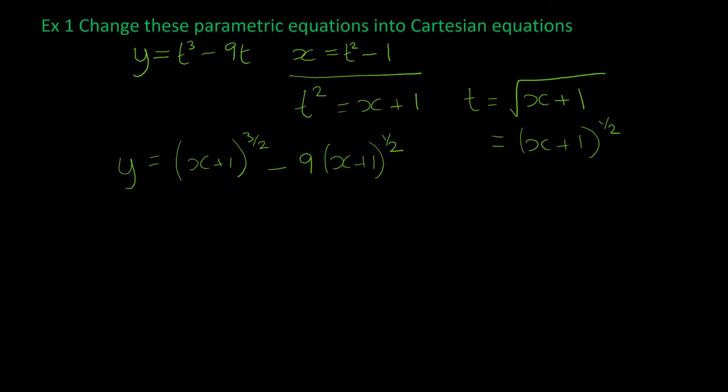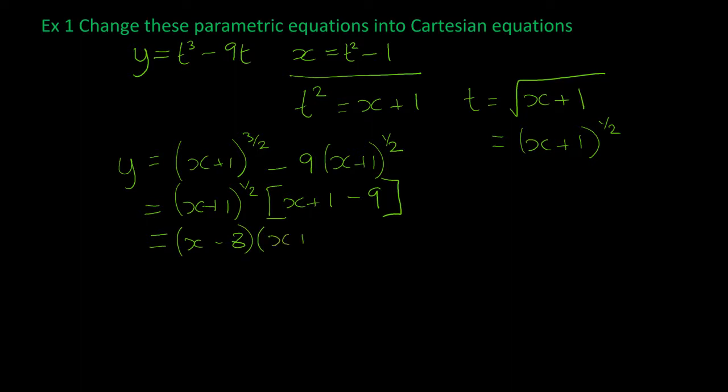Okay, and if we factorise out (x plus 1) to the half, we'll get x plus 1 minus 9, and so altogether we've got x minus 8, (x plus 1) to the half.